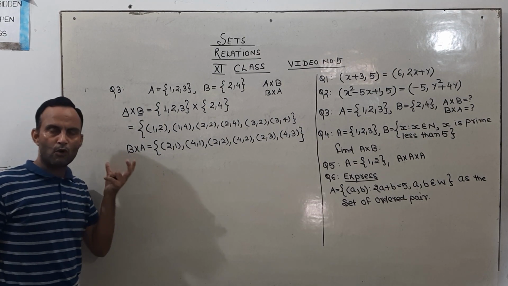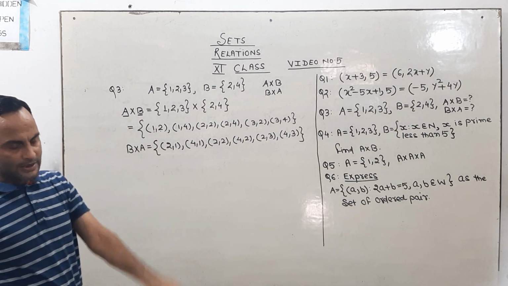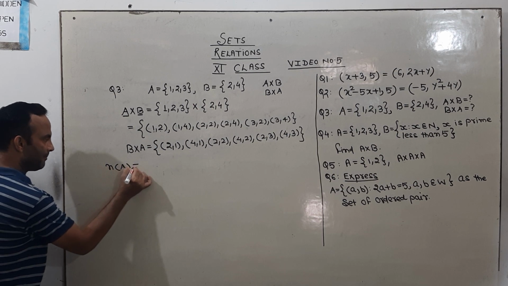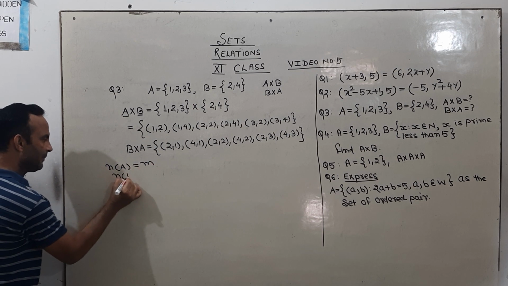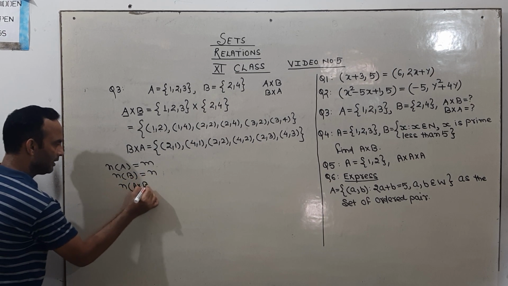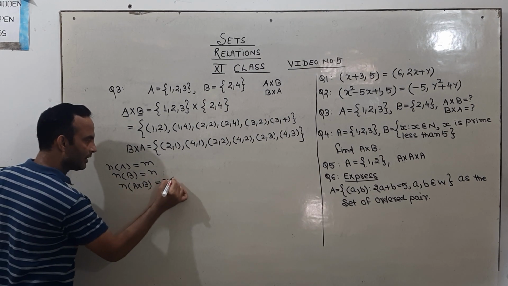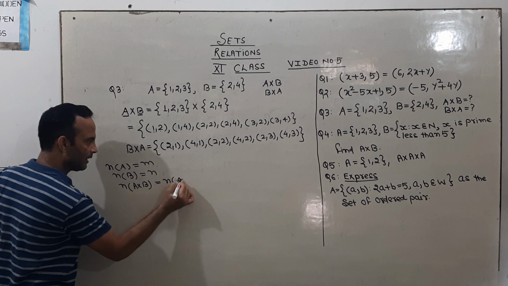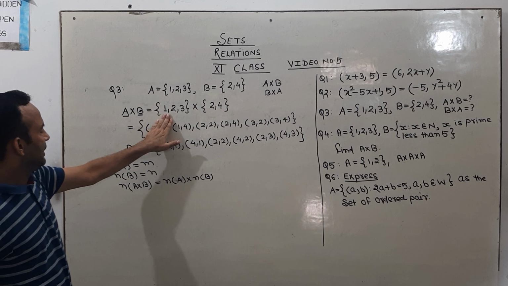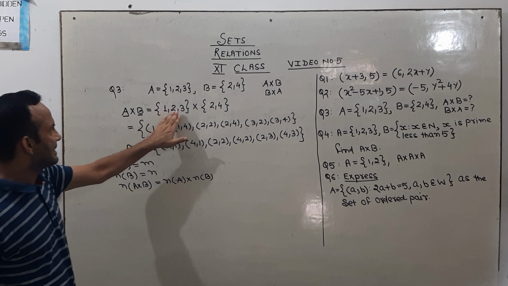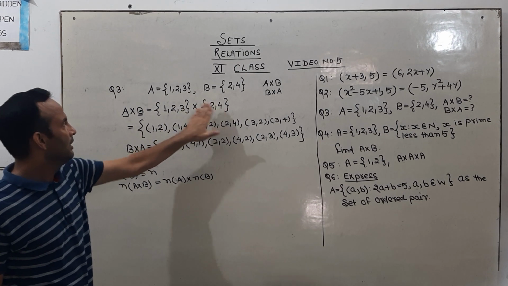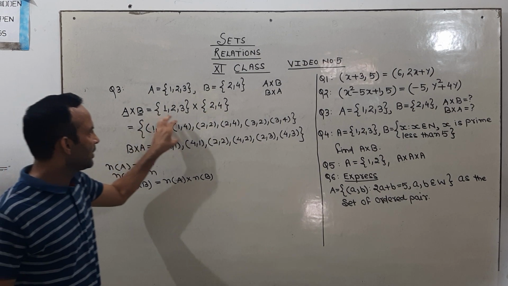Now my dear students, I want to tell you once again that if the cardinal number of set A is m and the cardinal number of set B is n, then the cardinal number of A cross B is equal to the cardinal number of set A times the cardinal number of set B. Here you can see the set A consists of 3 elements and the set B consists of 2 elements. 3 times 2 is 6, means the total number of ordered pairs is 6.